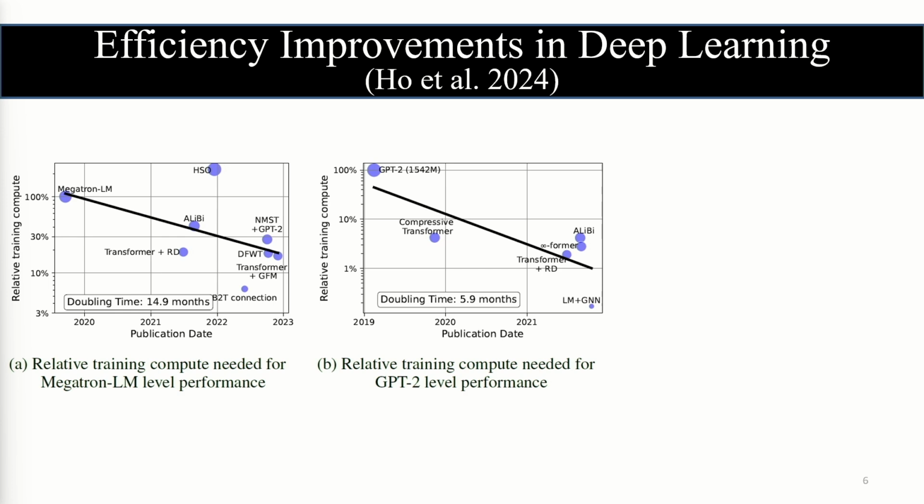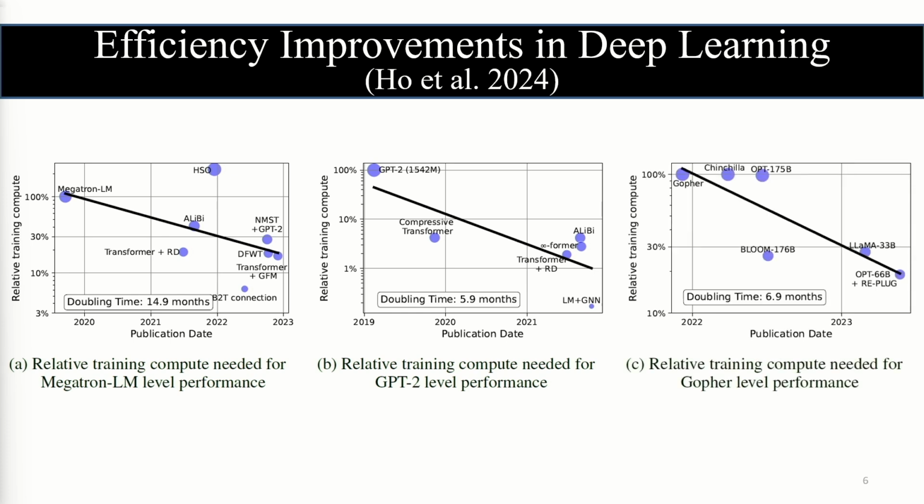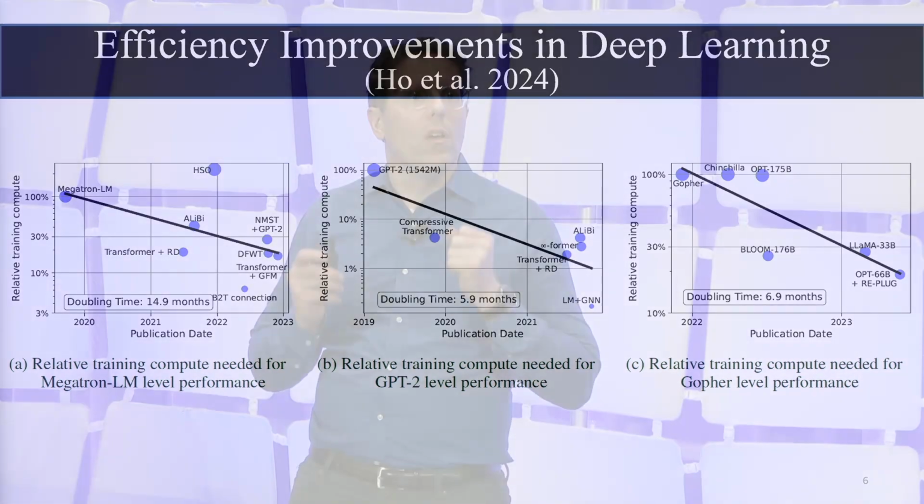They were able to achieve that same level of performance. And in fact, the doubling time there was 5.9 months. Very, very fast algorithmic progress. And more recently, we can see with Gopher, again a very rapid doubling time, 6.9 months. This is remarkably fast efficiency improvements, going on much, much faster than we're seeing in hardware.